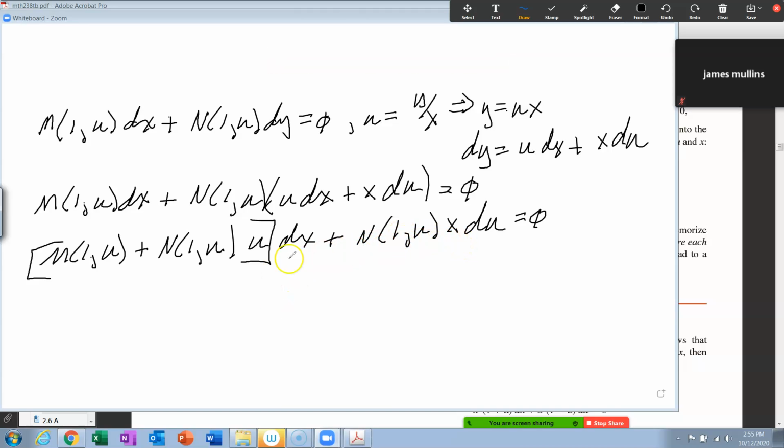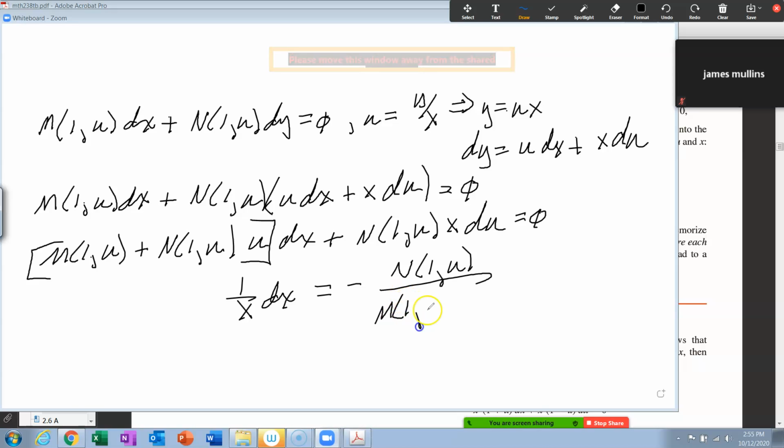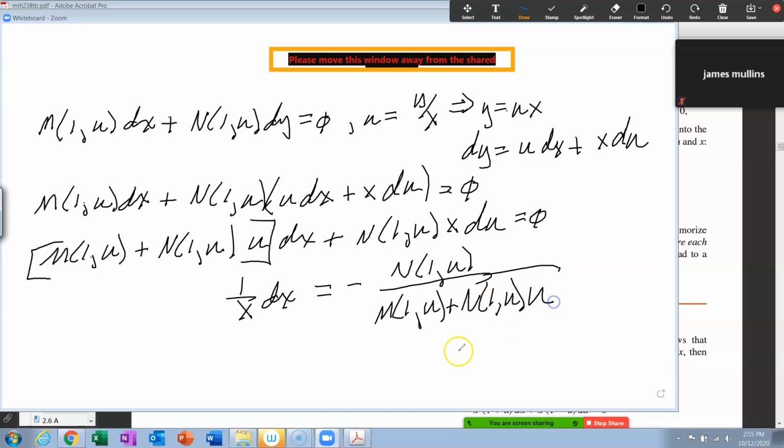So basically, let's get the x's together, and that's basically 1 over x dx is equal to, now we're going to change signs of things here, minus N of (1, u) over M of (1, u) plus N of (1, u) times u.